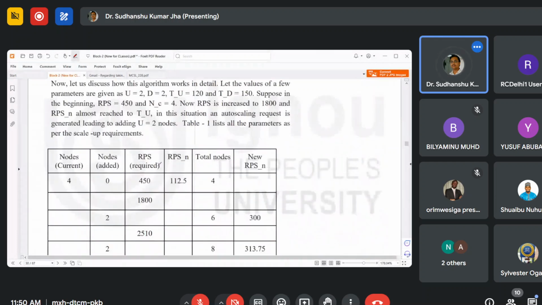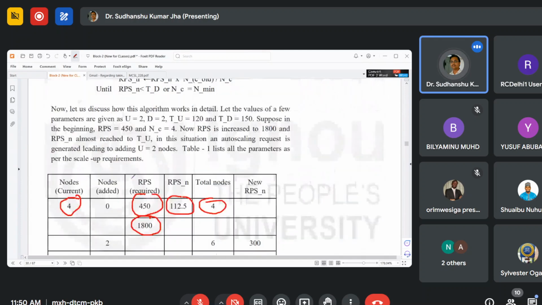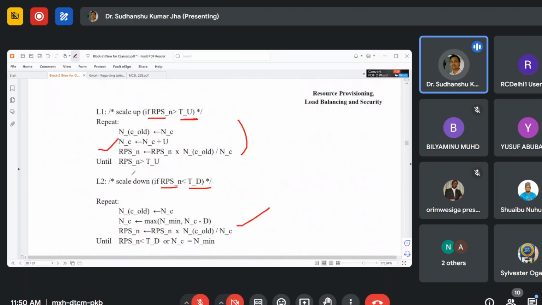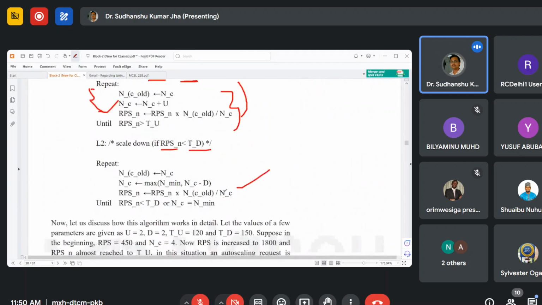So you can see here that the present allocation is 4 and the requests per second is 450. You have calculated requests per second, and you are working with the currently allocated nodes. Later on you see that your requests per second is increasing. Now you calculate how many resources are required at this step.